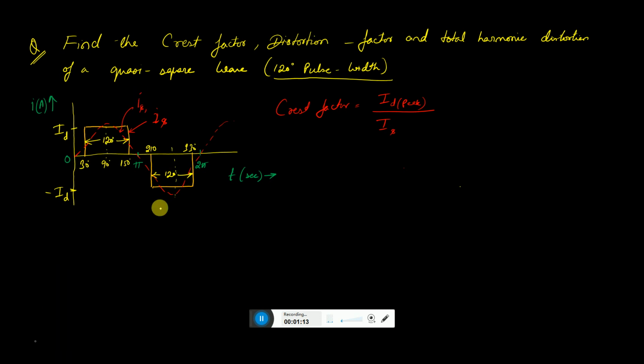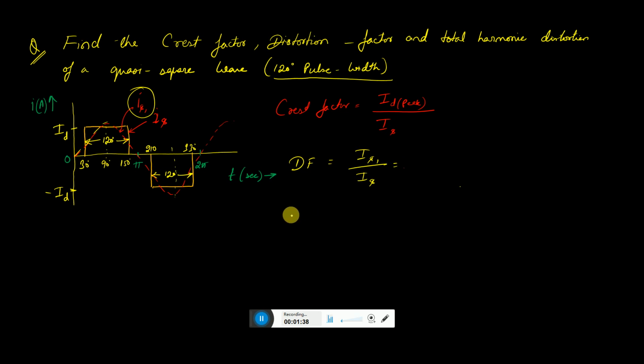So this is what the crest factor will be, and the distortion factor DF will be IS1 divided by IS. IS1 is the RMS value of the fundamental component of the current, this dotted line, and IS is the RMS value of this quasi-square wave.